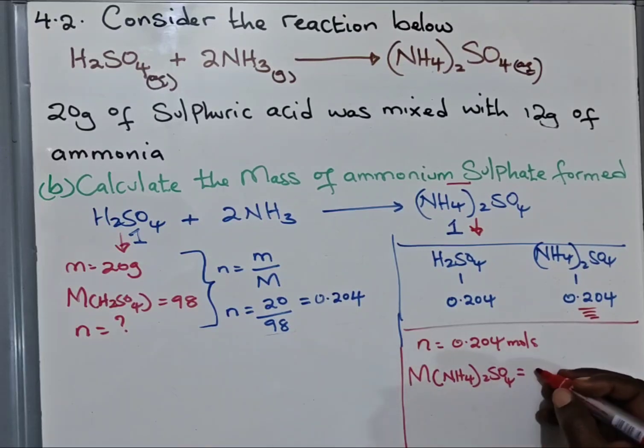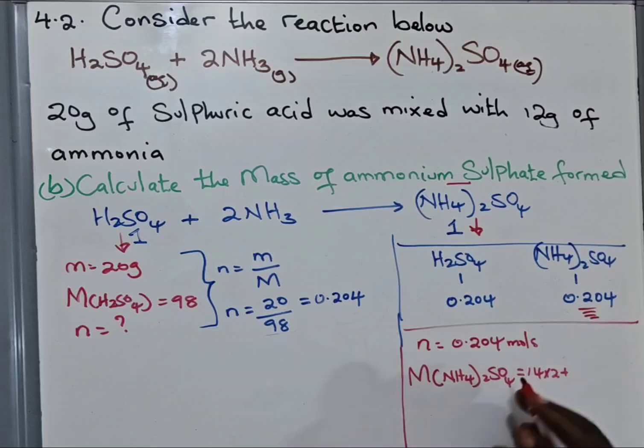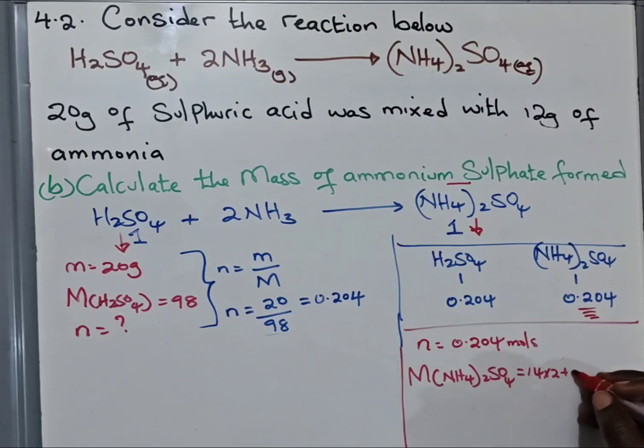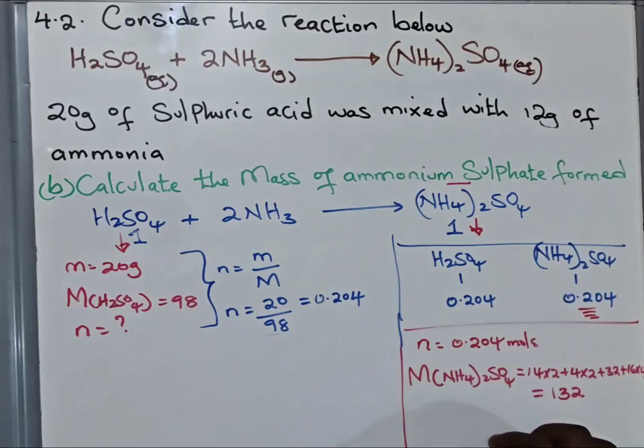You have nitrogen, which is 14 times 2, plus hydrogen, which is 4 times 2, plus sulfur, which is 32, plus oxygen, which is 16, but times 4, giving you this.